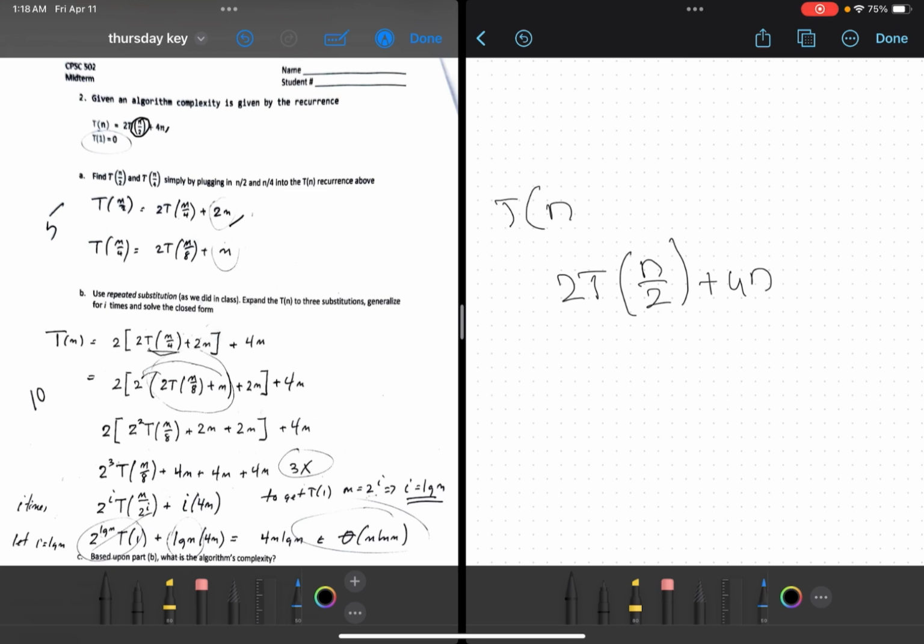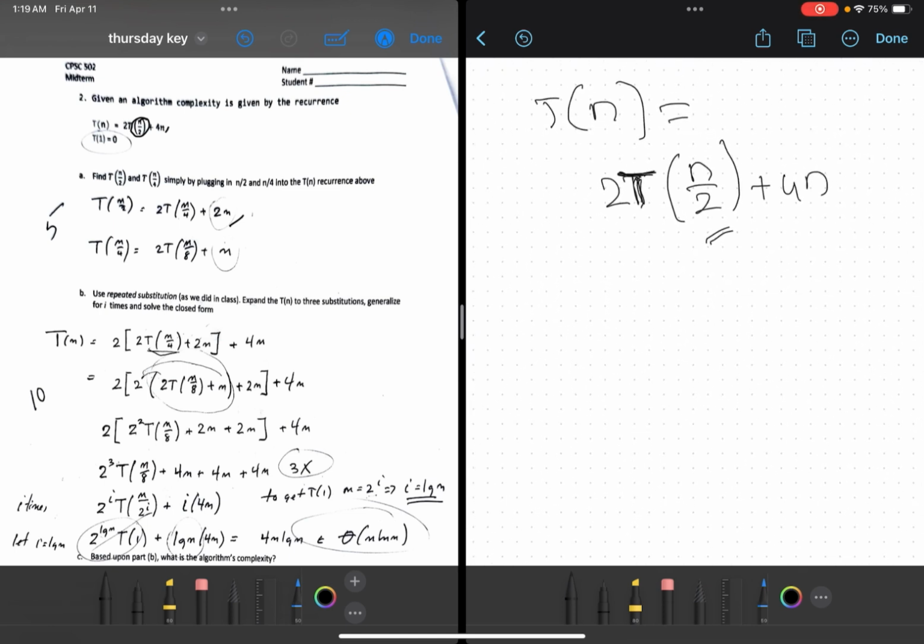So the equation that represents T of n again has a T on the right side; this is also a recurrence relation. But if we are going to find a closed form, it shouldn't be a recurrence relation, it should be just a plain equation. So we don't need something like T in the equation. To eliminate this, we are going to keep substituting a couple of times and see what we can deduce from it. So repeated substitution, this is how it is done.